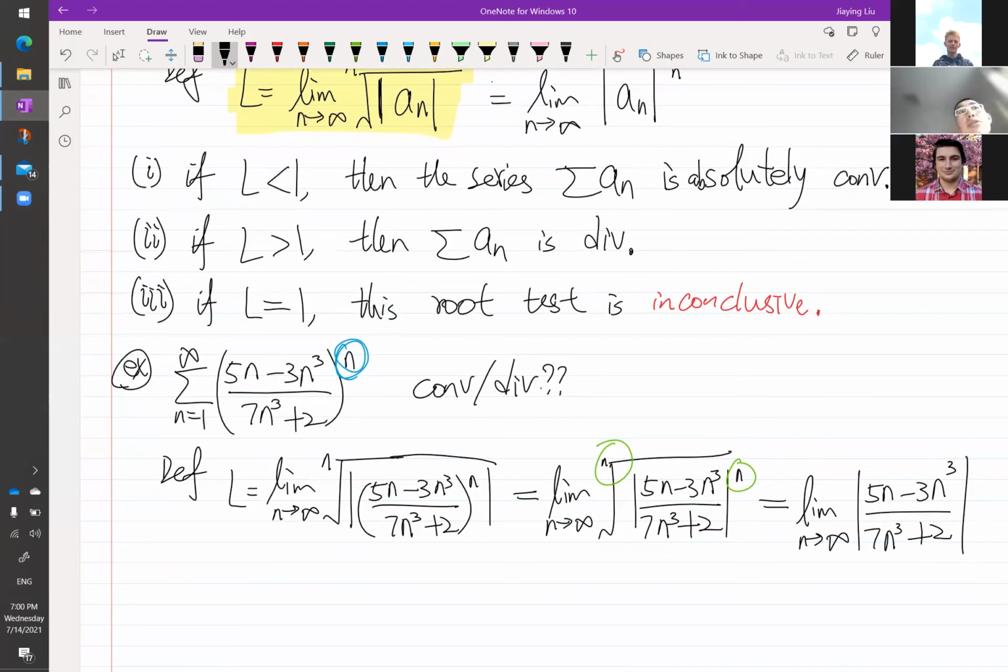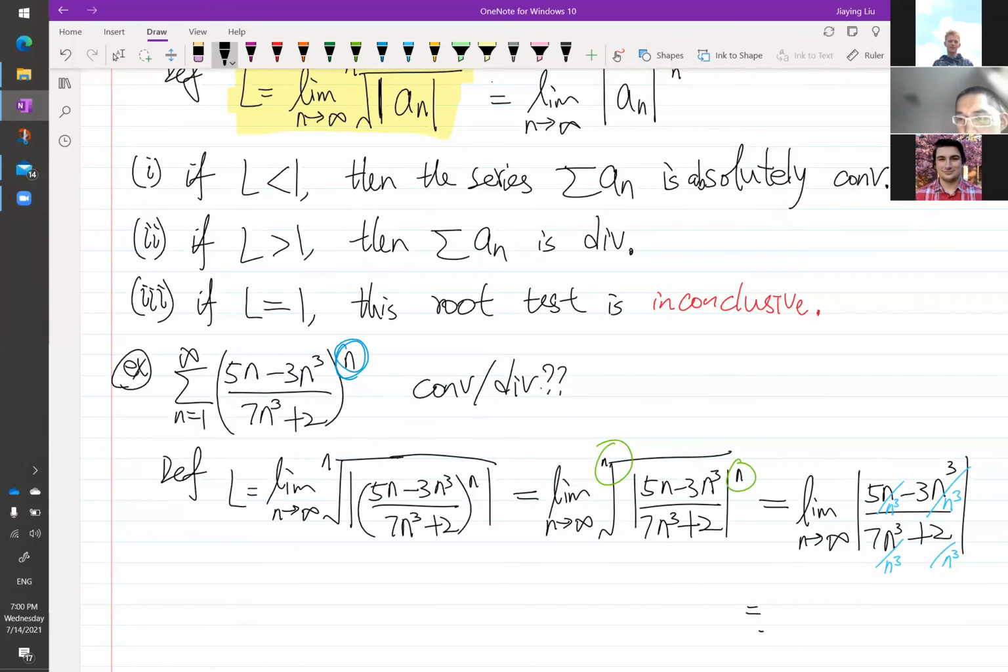And from here, it's similar to what we have done before. Now we just have the absolute value, which doesn't make much difference. If you remember, in the past, if we didn't have the absolute value sign, we just divide by the highest order of n. So here we have n cubed and n cubed, so we divide by n cubed in all terms.